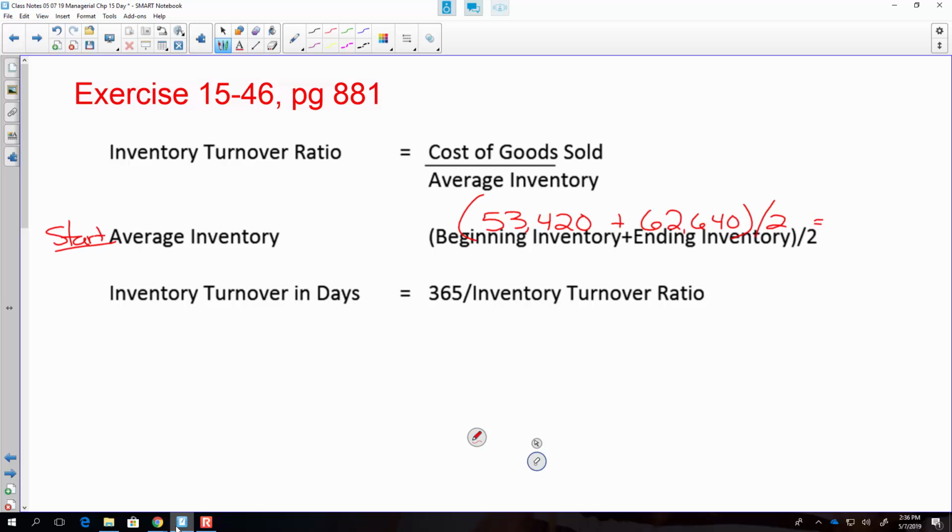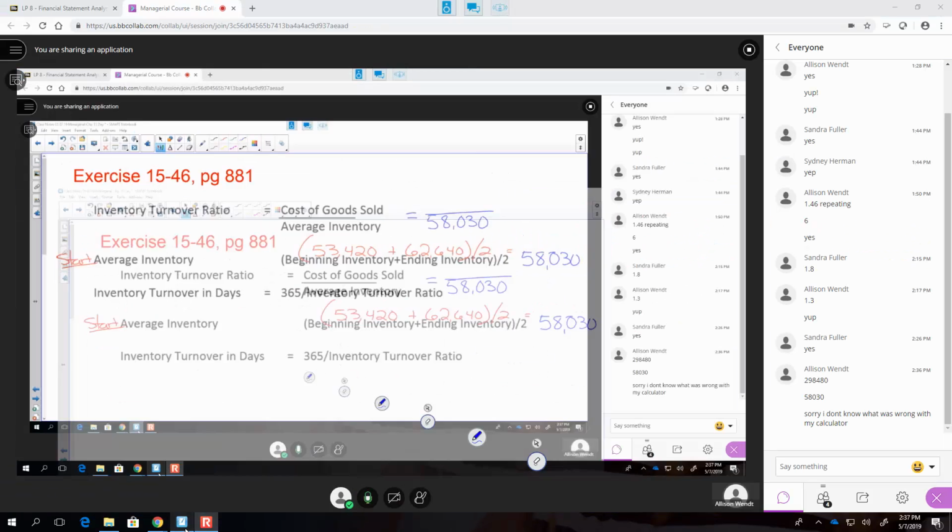That sounds better. That's our bottom number then.